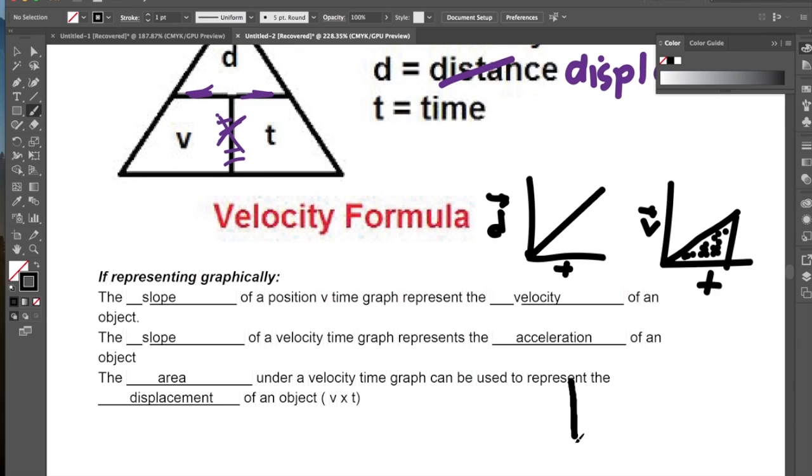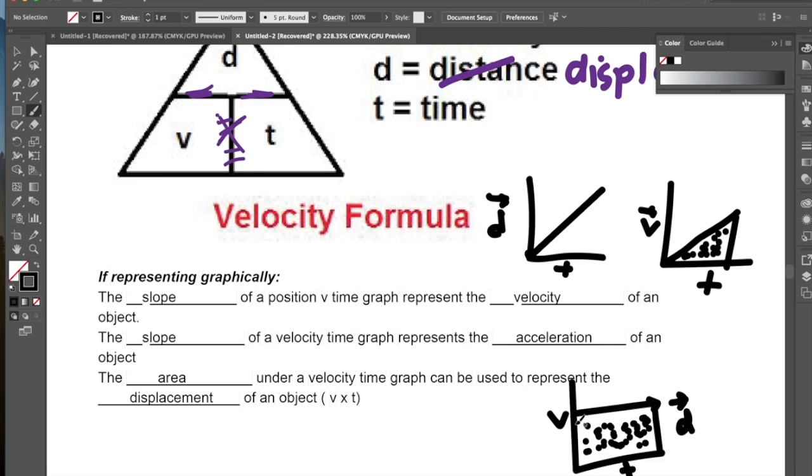Or in the case of constant velocity, where the velocity is staying the same, the area underneath the line of a velocity time graph represents displacement.